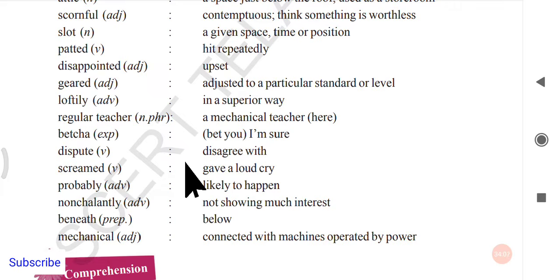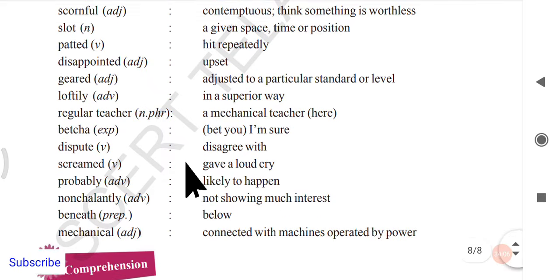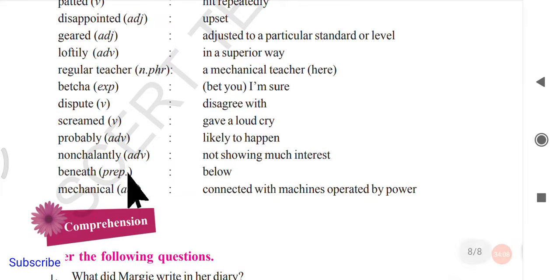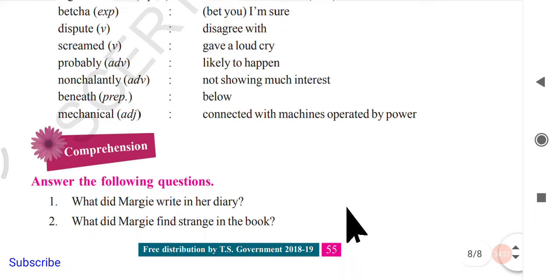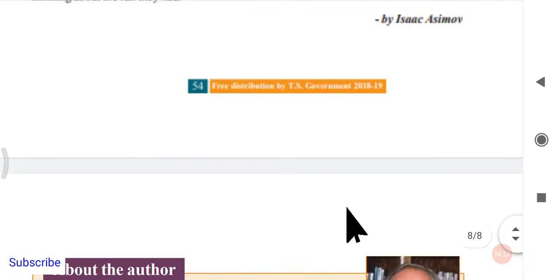Not in 10 to 50 years, but I think it will take another 100 years more. Next, nonchalantly: not showing much interest. Beneath: below. Mechanical: connected with machines operated by power. This is what we have in unit 4, reading A.